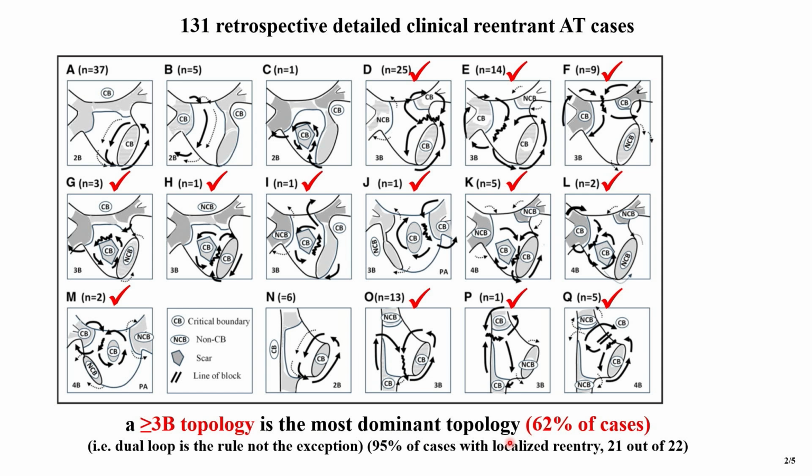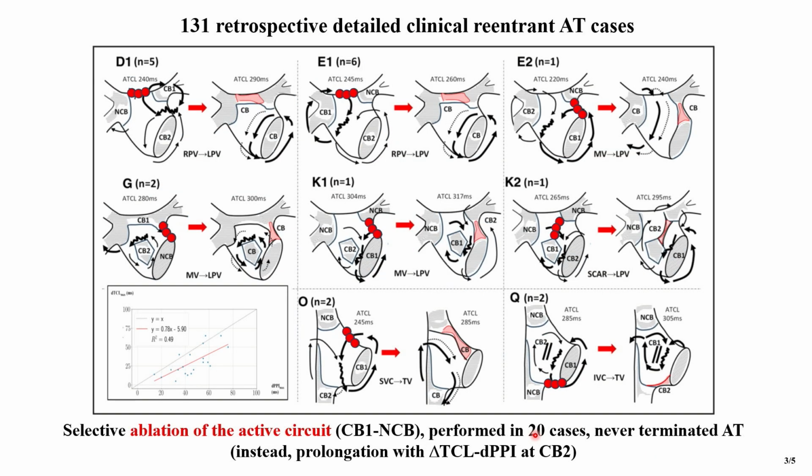It's 3 boundaries and more, meaning it's dual loop. 62% of the cases. And actually, the moment you have a scar-related tachycardia, it's 95%. So you can anticipate dual loop tachycardia. If you have a patient that is never ablated before, it's 100% that you will have 3 boundaries or more.